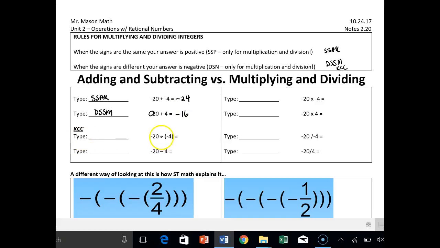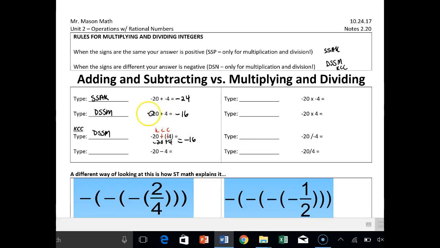For this type, notice I have subtraction signs. So right off the bat, I have to keep, change, right? Plus a positive. Now I can ask myself, what type is it? It's negative 20 plus 4. That's different signs, subtract more. So negative 20 plus 4. We've already done that problem. It's negative 16, right? So interestingly, negative 20 plus 4 is the same problem as negative 20 minus negative 4, right?